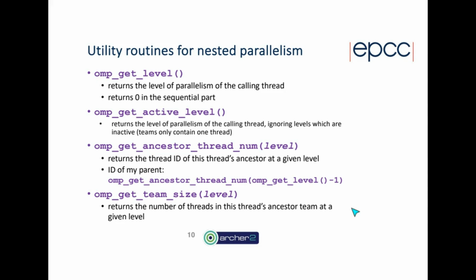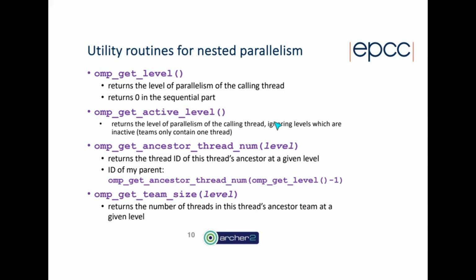So there's OMP get level, which returns the level of parallelism in the tree. It returns 0 in the sequential part of the program, so if you call it in the master thread outside any parallel regions, it returns 0, and then 1 inside the top level, and 2 inside the next level down. Get active level does the same thing, but it ignores any levels which are so-called inactive.